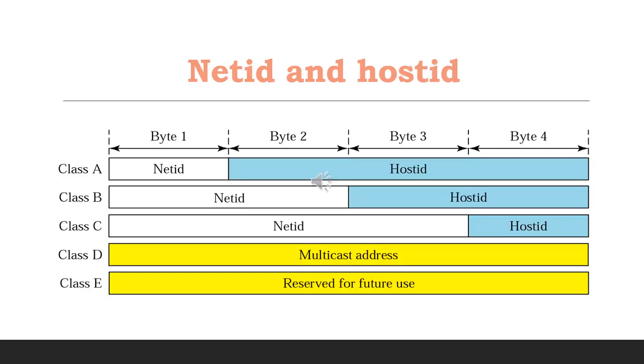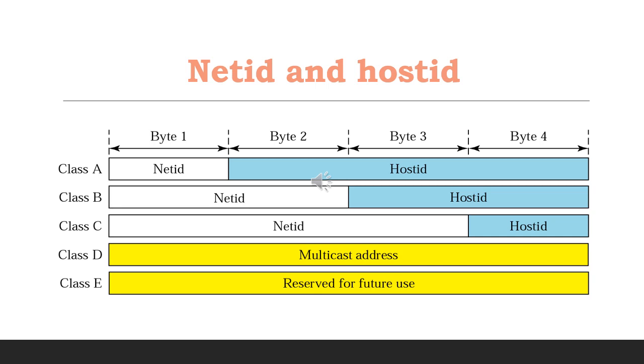Now in different classes, we have different network address bits and host address bits. In class A, only one octet is associated with network bits, and the rest of the 3 octets, 24 bits, are host bits. In class B, we have 16 for network address and 16 for host address.